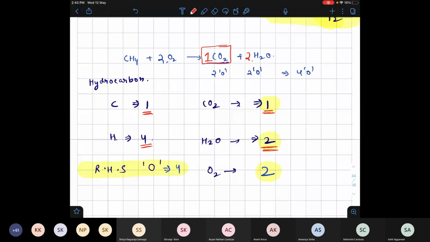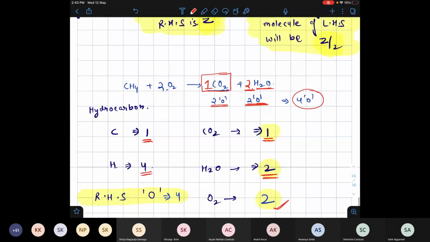One water has 1 oxygen. So 2 water will have 2 oxygen. So total oxygen is 4. This is 4, then this will be 2. Understood? Yes, sir. Understood.